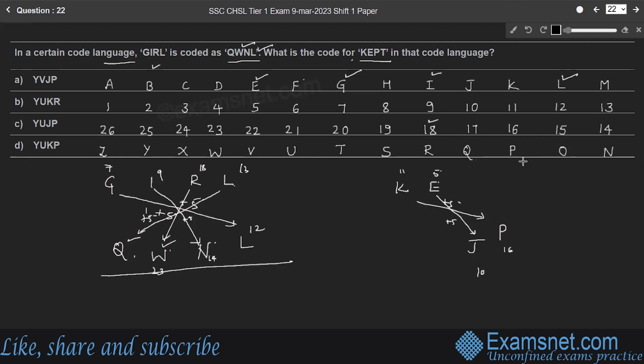And the third letter is P, right? Here P is 16. 16 plus 5 is 21. 21 is the positional value of U. Whereas T is 20. 20 plus 5 is 25. 25 is the positional value of Y. Therefore, kept is coded as YUJP. So option C is the right answer.